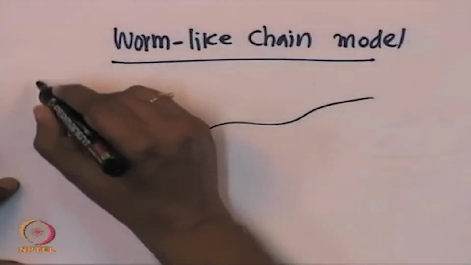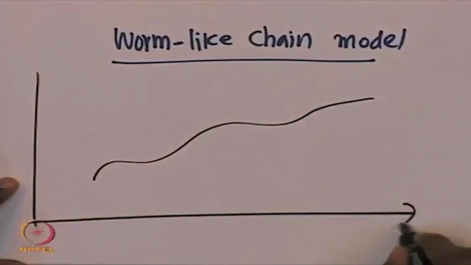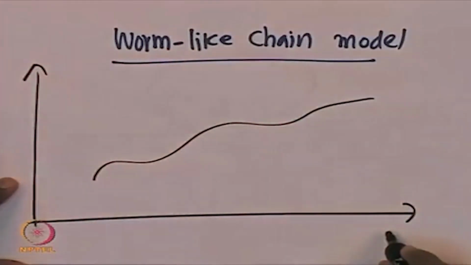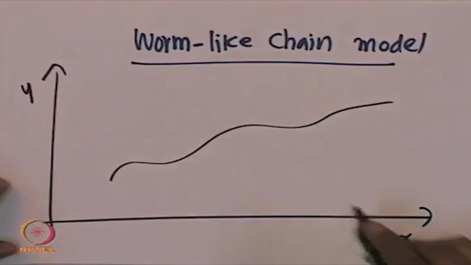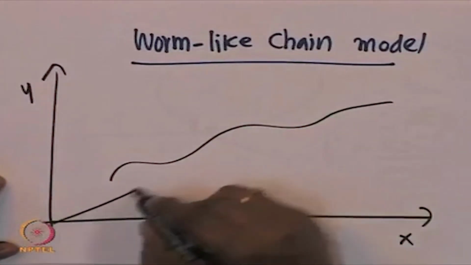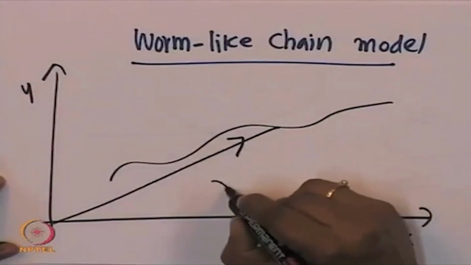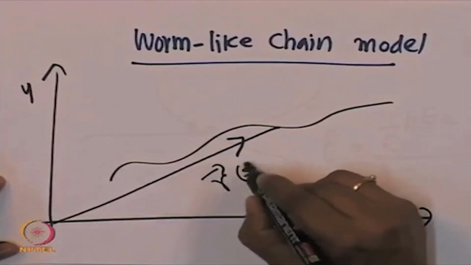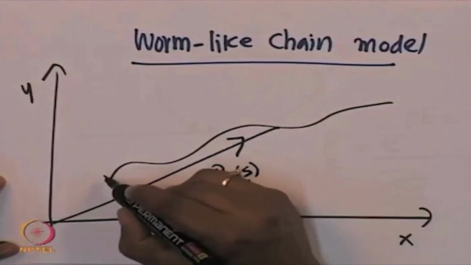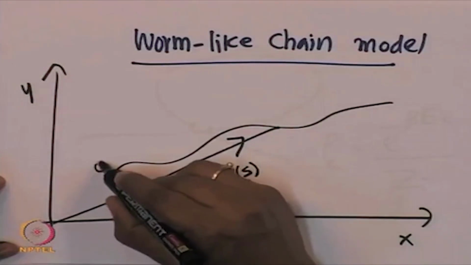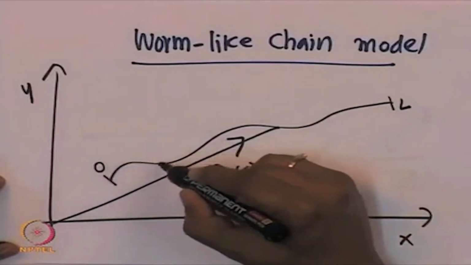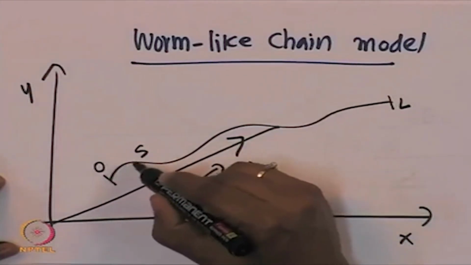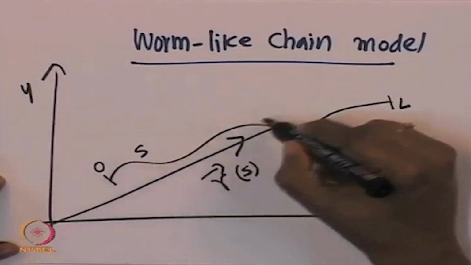If you have a coordinate system, x and y, each point on this DNA can be represented by a vector. This is 0 and this is the length of the DNA, L, and you can think of one parameter called S, which is the arc length, the length along the contour of the DNA.